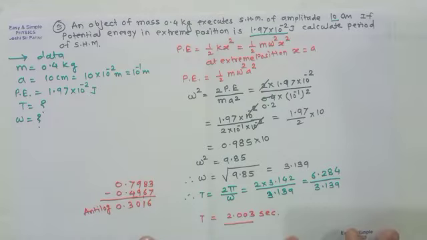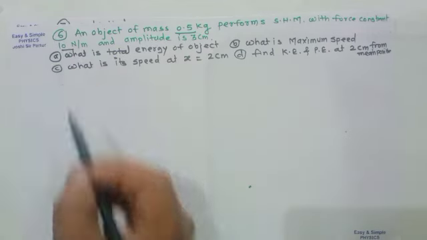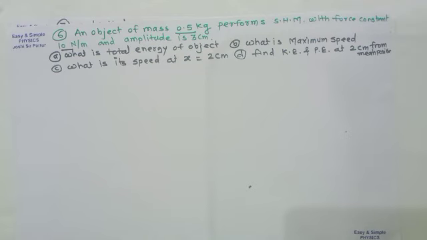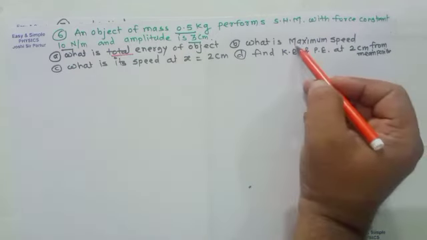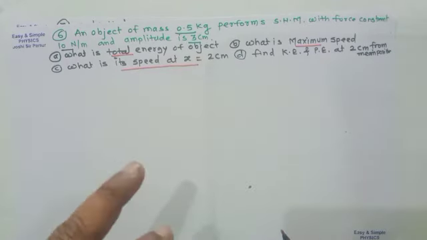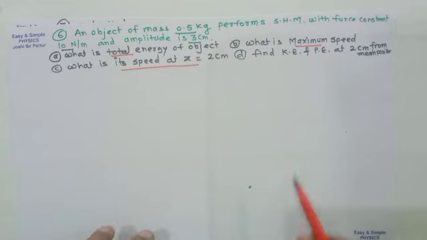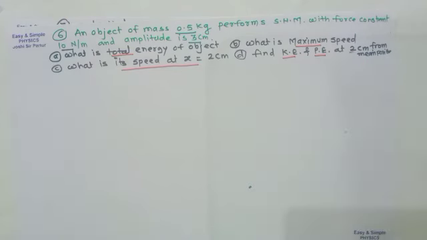Again, let us solve another example: an object of mass 0.5 kg performs simple harmonic motion with force constant 10 Newton per meter and amplitude 3 centimeter. First we want to find its total energy, then maximum speed, then speed at x equal to 2 centimeter, and then kinetic energy and potential energy at 2 centimeter from its mean position.